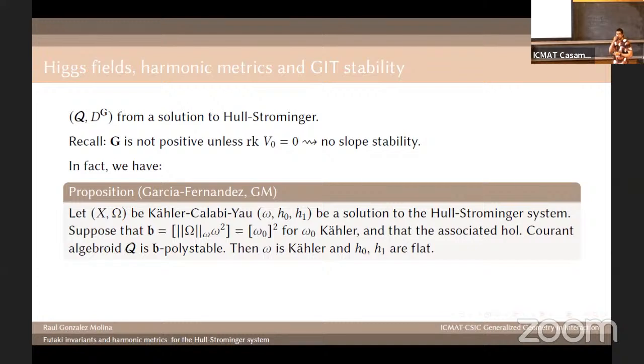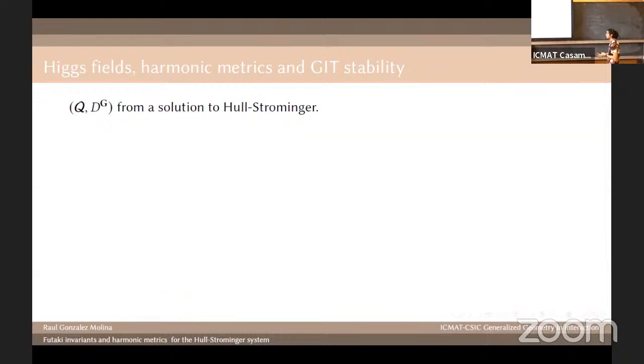So if I want to speak about non-Kähler solutions to the Hull-Strominger system, this is a hint that standard slope stability for holomorphic current algebroids may not be the right notion, because these kinds of rigid things happen. So we need to find somehow a differentiated notion of stability for holomorphic current algebroids. This is what we are going to do next, but the picture is mostly conjectural for now.